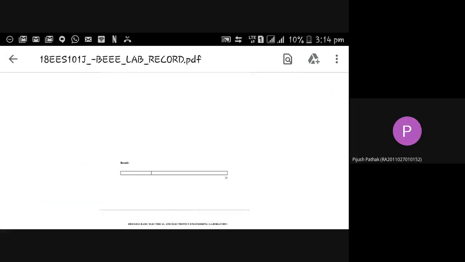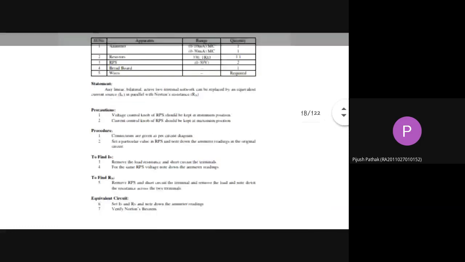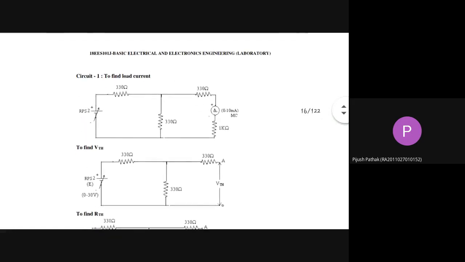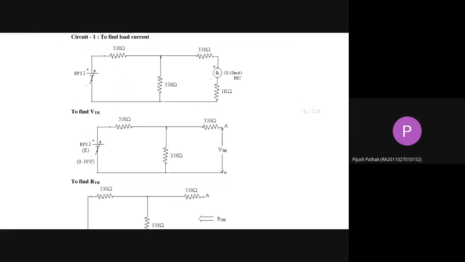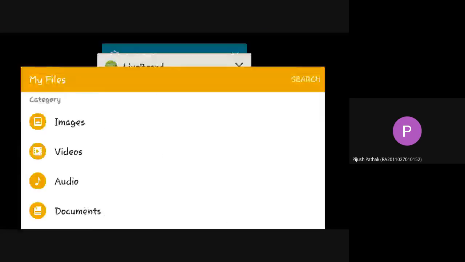Yes, ma'am. See, in Thevenin's theorem, 2 circuits you have to copy and paste. What are the circuits that you will do? This first circuit that you did, that you have to do. Okay, load it in live board. Wait.